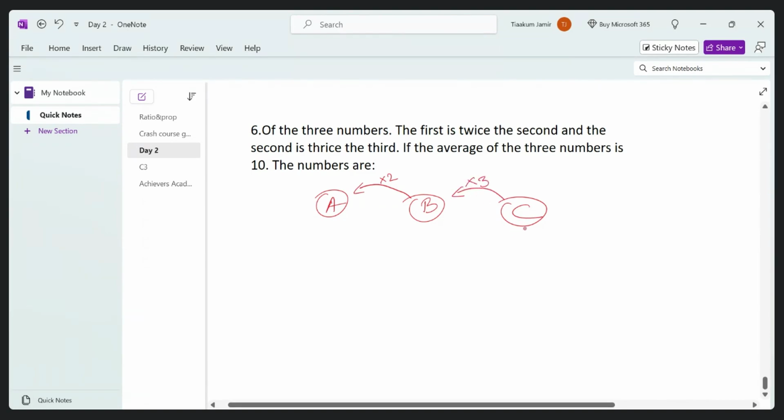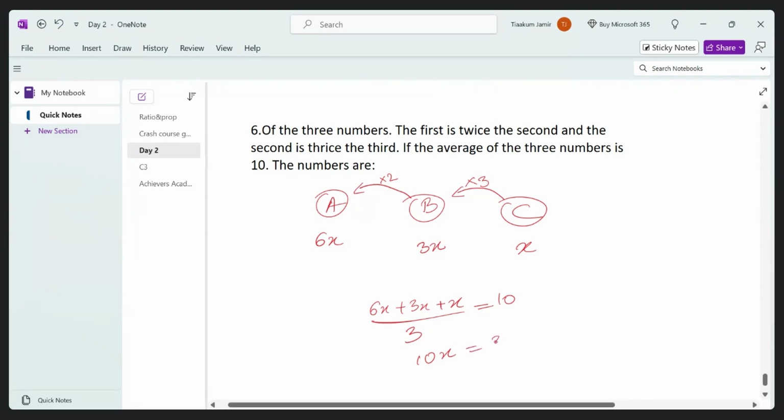So if we assume the third number as x, then the second number becomes 2 into x, 2x. The first number is twice the second, so twice of 2x will give us 4x. Now the average is given as 10, so the sum of observations is 4x plus 2x plus x divided by 3, because we have 3 numbers, is equal to 10.